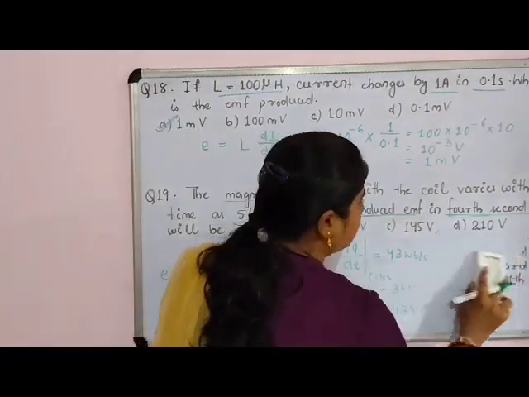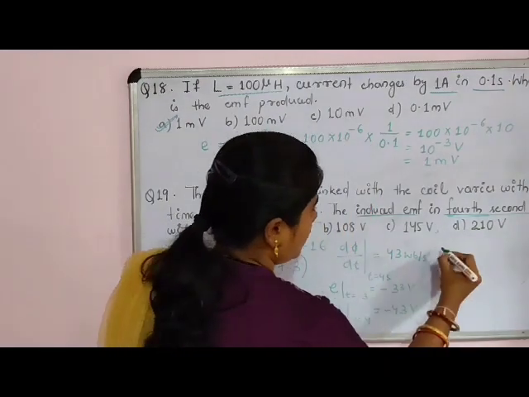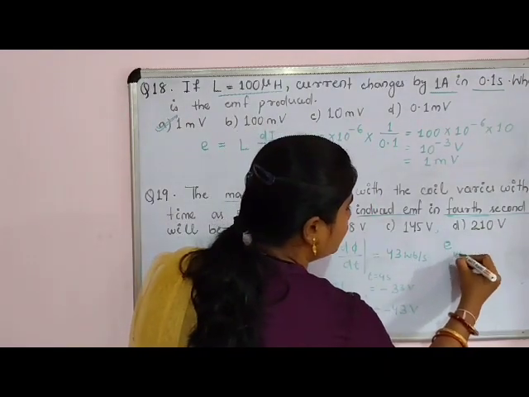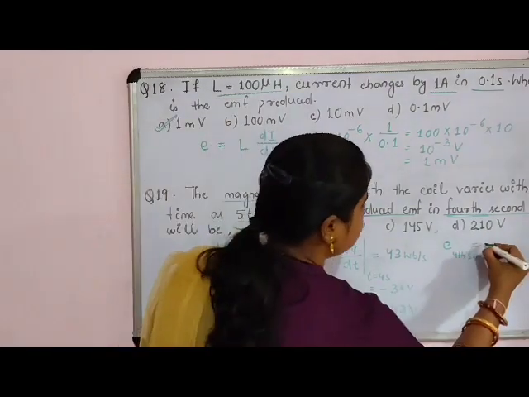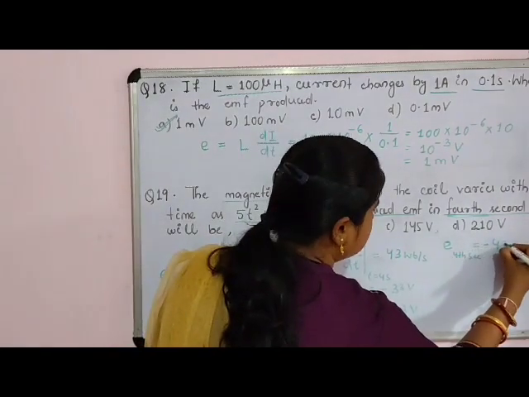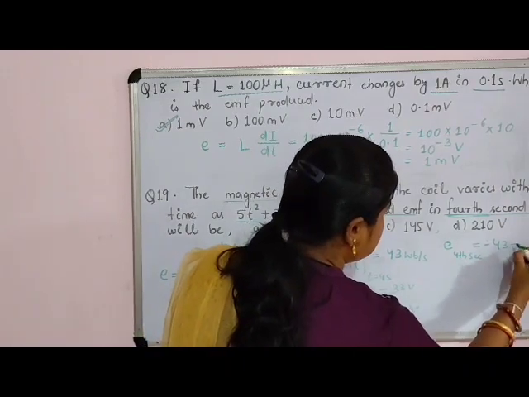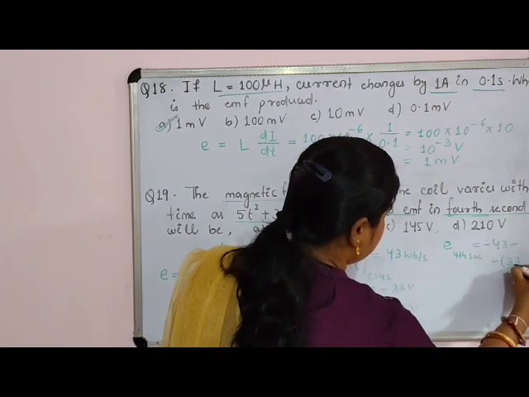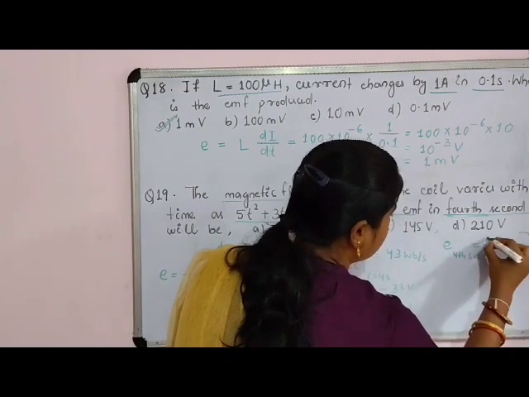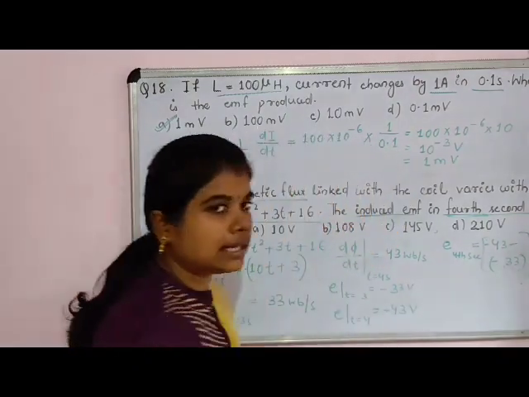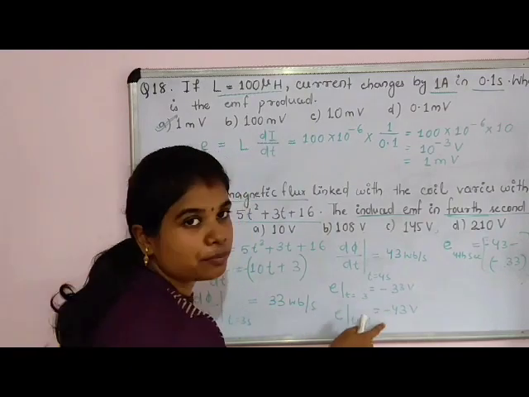So EMF in the 4th second is equal to minus 43 minus of minus 33 volt. Just the difference of these two values.